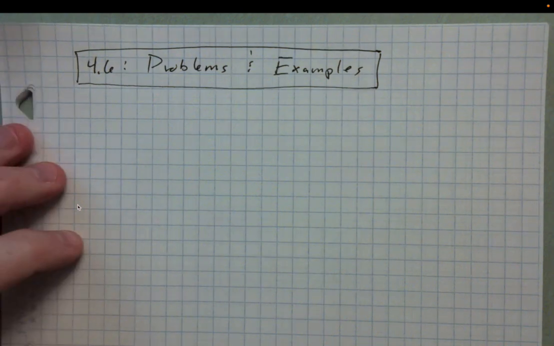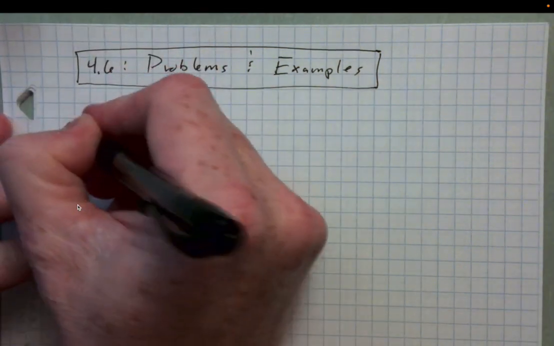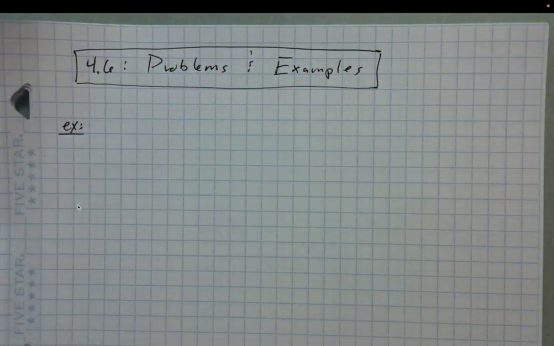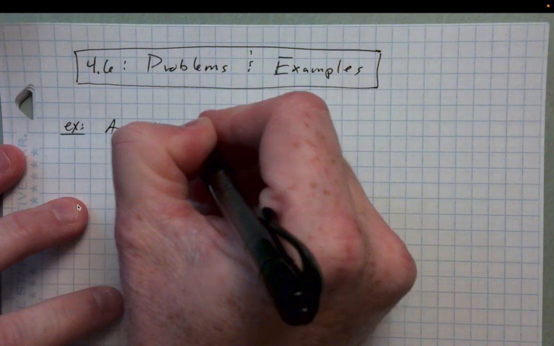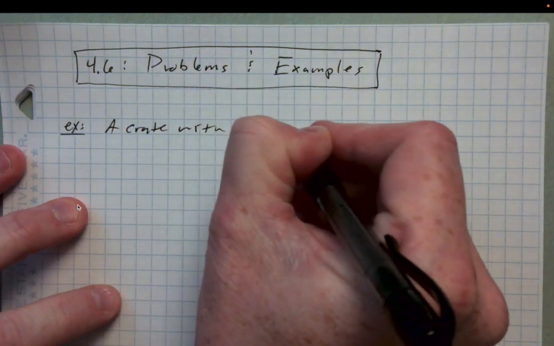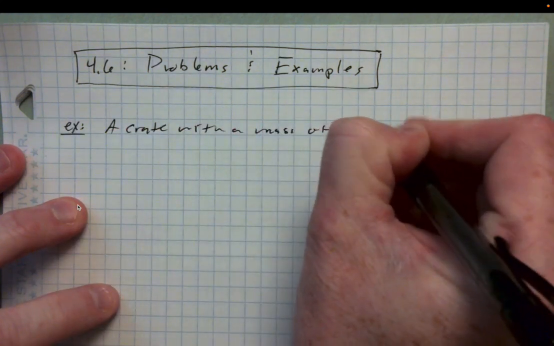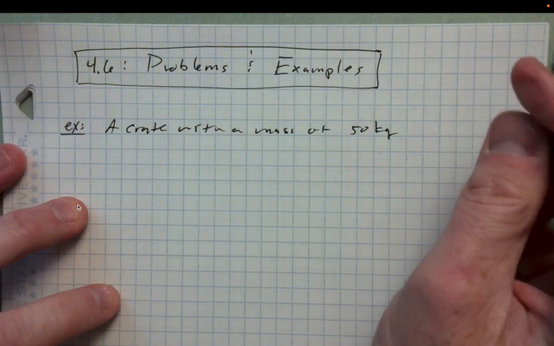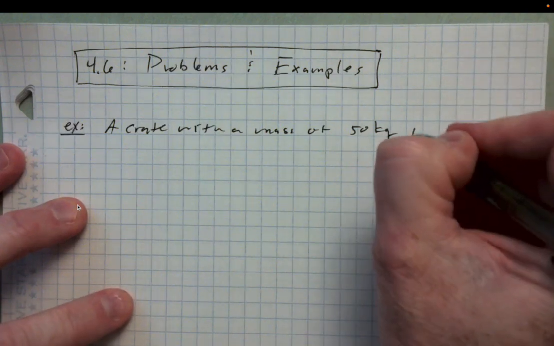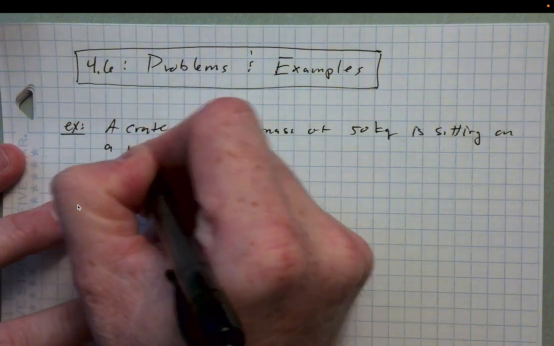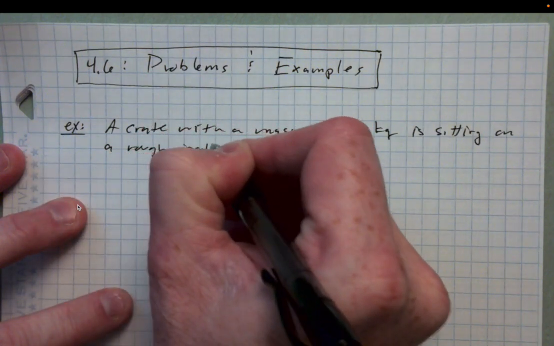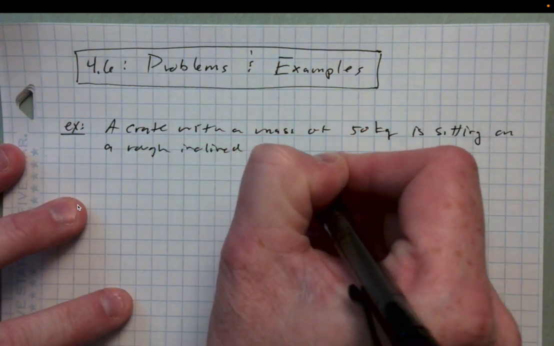So the first example says a crate with a mass of 50 kilograms is sitting on a rough inclined plane.